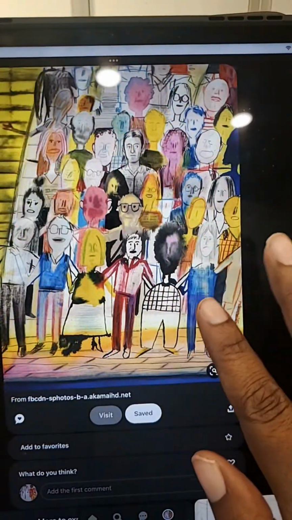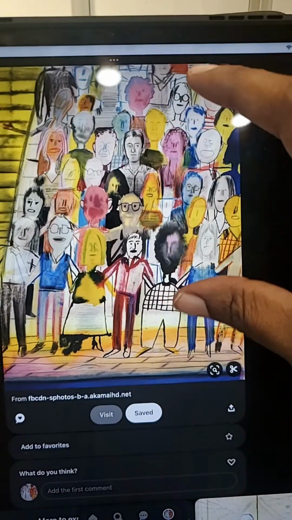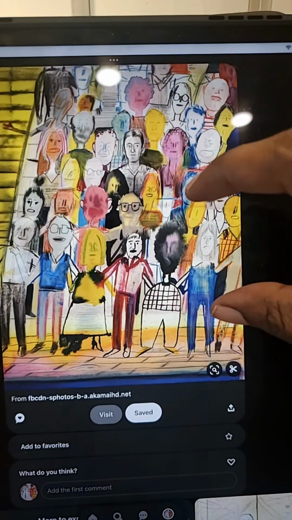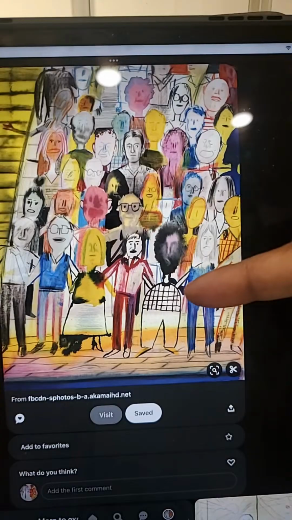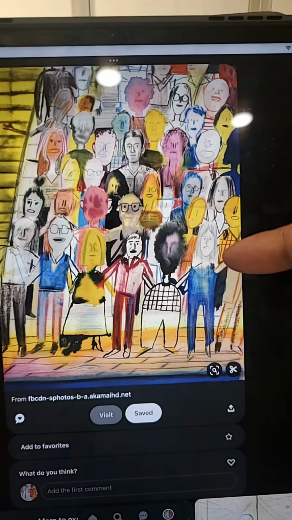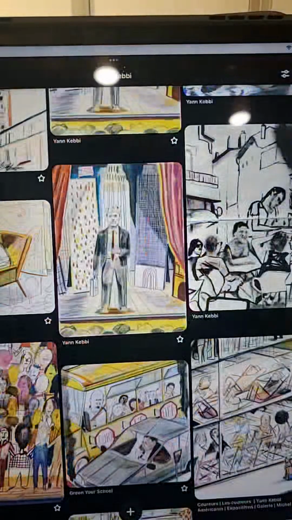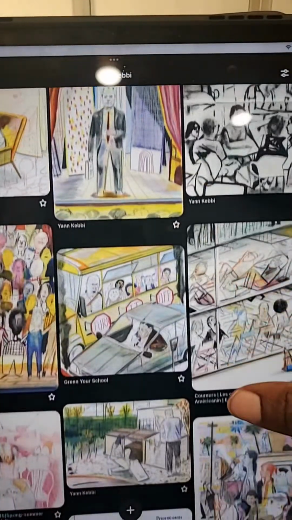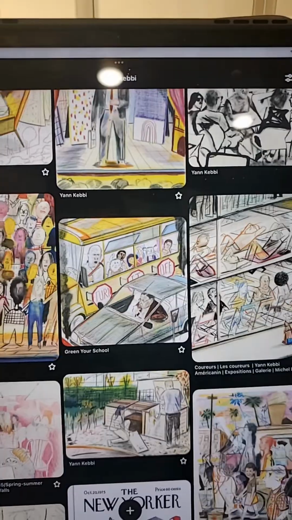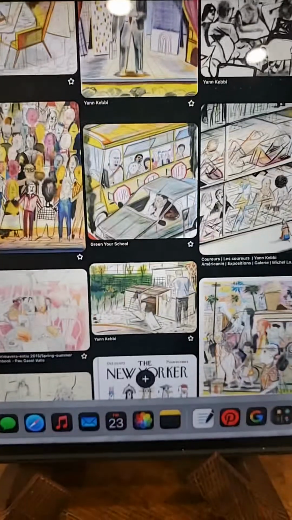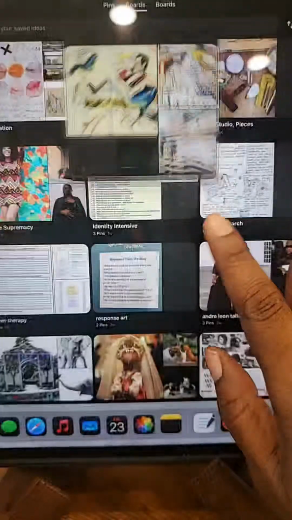Sometimes you'll get big people, sometimes you'll get big buildings or really small people. I like that he plays with scale in his images, and that's another thing that makes it really interesting. That is another lesson that I took away from doing some of the master studies of his work: to play with scale.